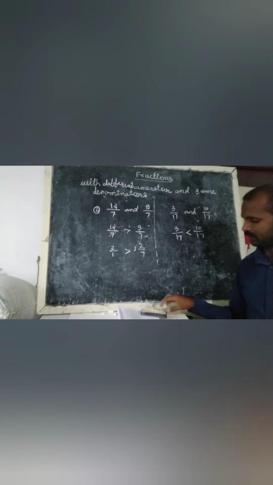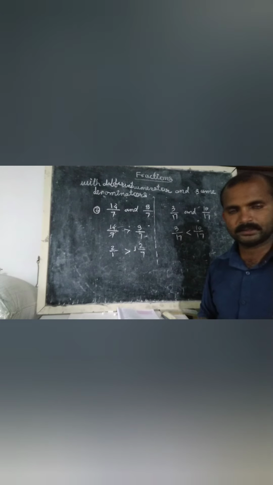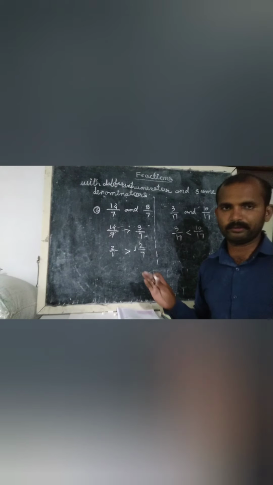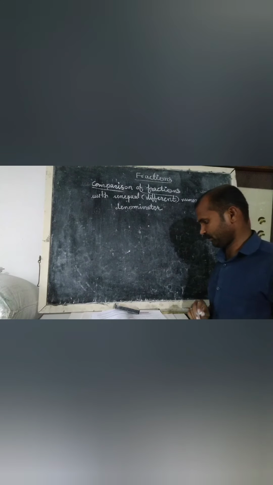Okay, let us see the next part. When both are different, no numerator or no denominator is same, both are different, that time how to compare? Now we will see. Let us see comparison of fractions with unequal, means different numerator and different denominator.